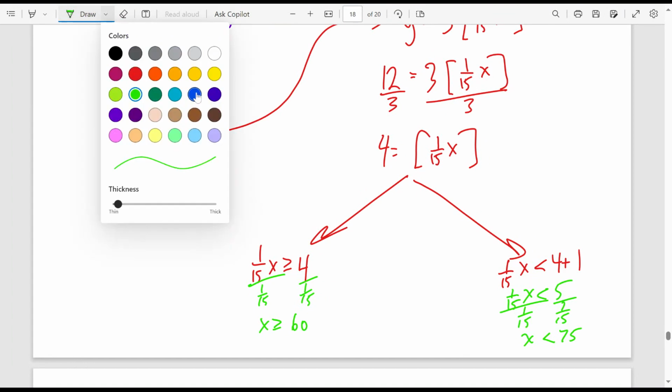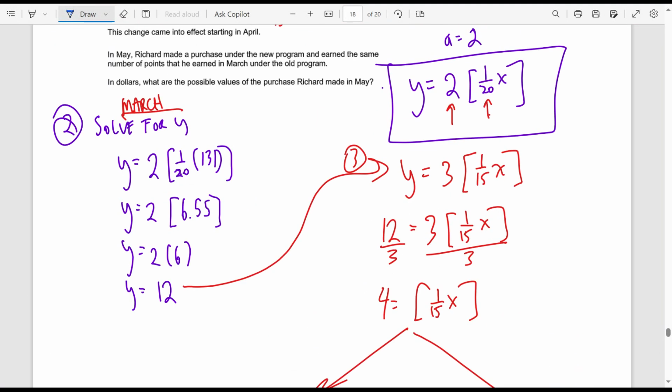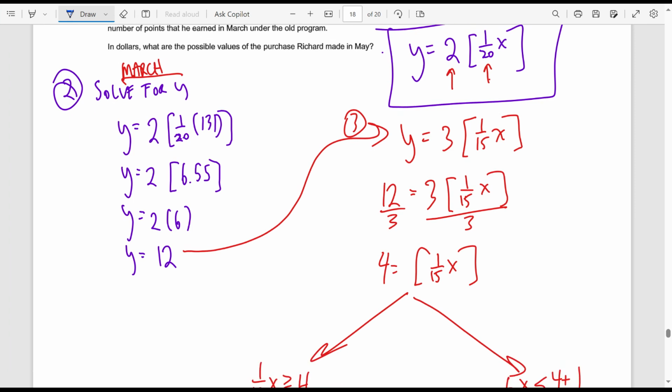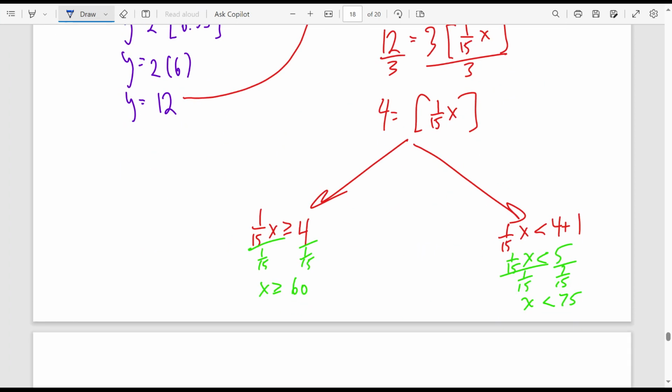Let's write it out, because let's see what it specifically said. In dollars, so not dollars and cents, what are the possible values of the purchases Richard made in May? If we're looking at the values returned for x for this step function, being nitty gritty with regards to the function itself, we would say 60, including, all the way to 75, not including.